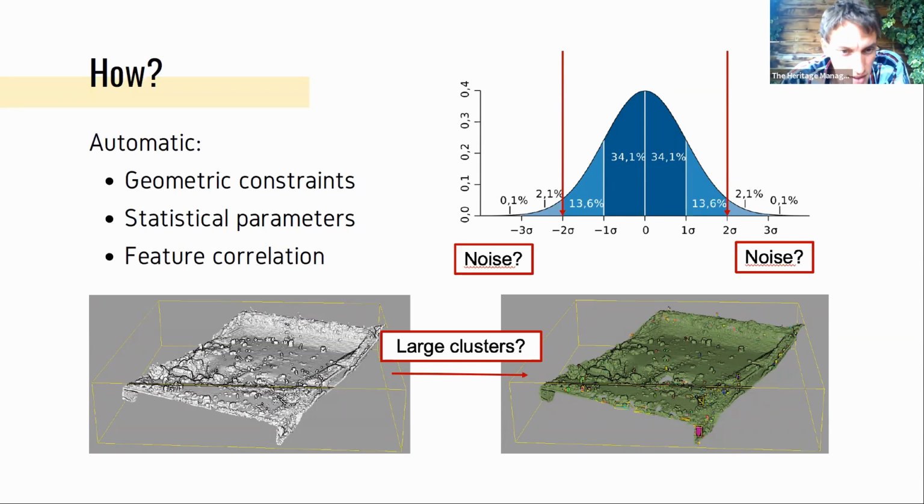We can also use statistical parameters. So let's say, for example, we have a mean slope or a mean surface for a certain neighborhood of points. Then we can say, okay, if there are statistical outliers, we consider these outliers as noise, and we will just eliminate the noise.